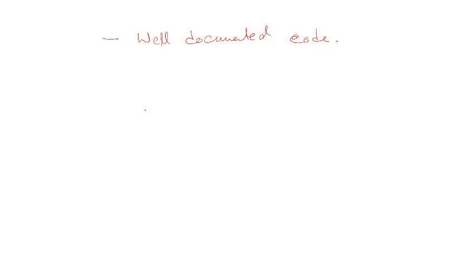As a rule of thumb, there should be at least one comment line on average for every 3 source lines. This is the rule of thumb, so you should follow it.